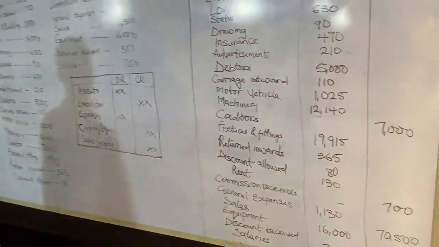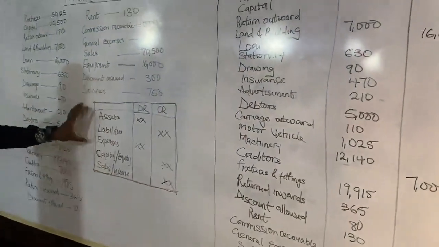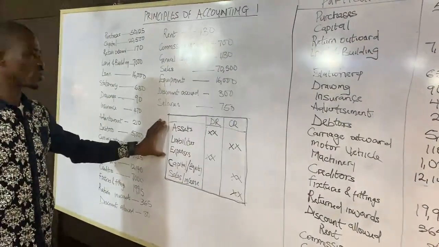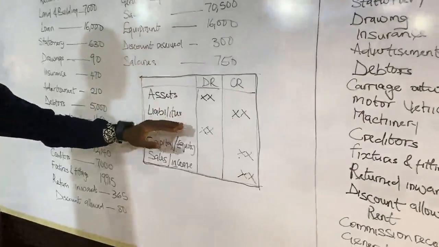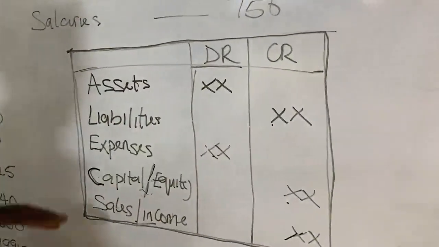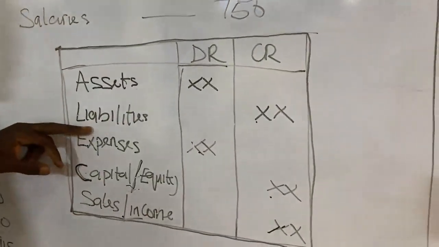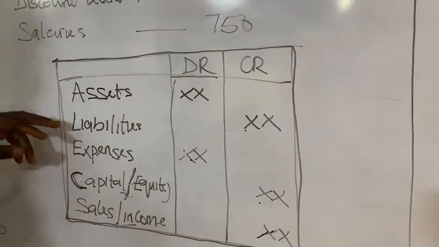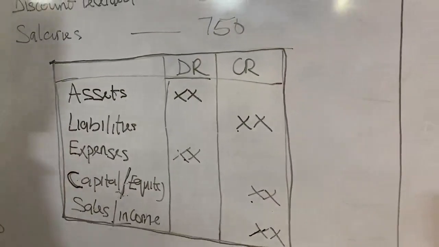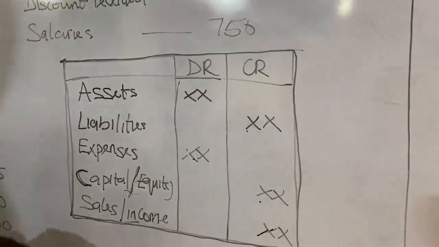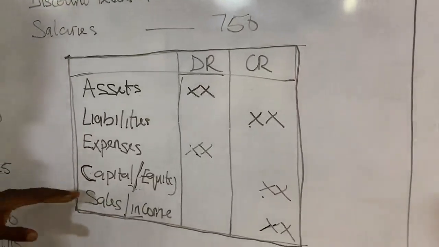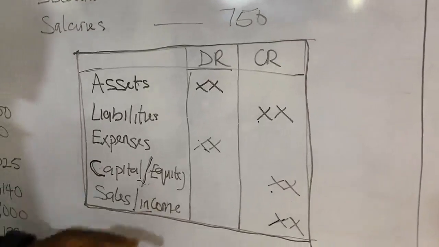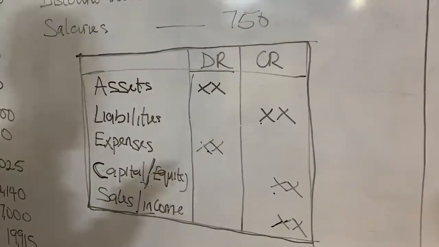So when you are doing your trial balance, just note this principle. Every asset must be on the debit side. Anything liability, your loan, your overdraft, your creditor, will be at the credit side. Anything expenses, your debit side. Either capital or your equity will be at the credit side.